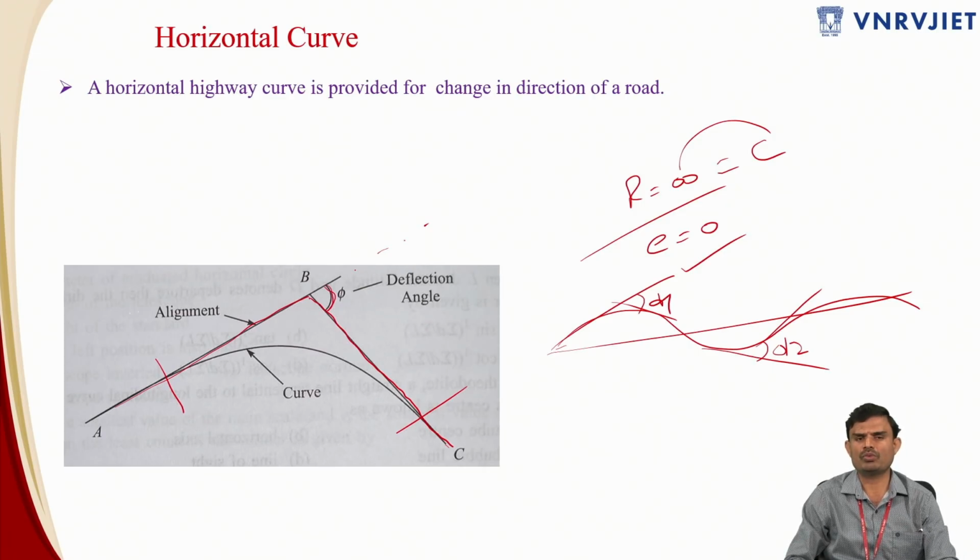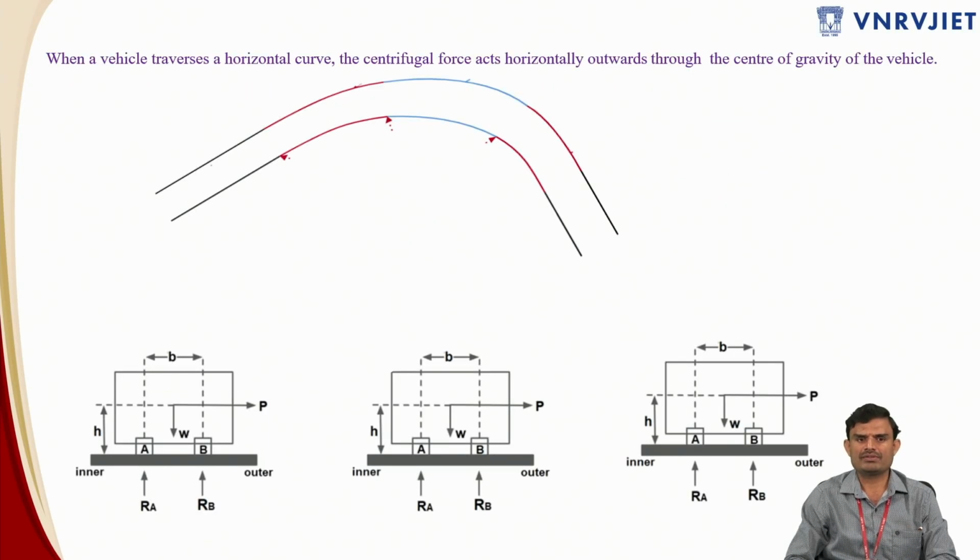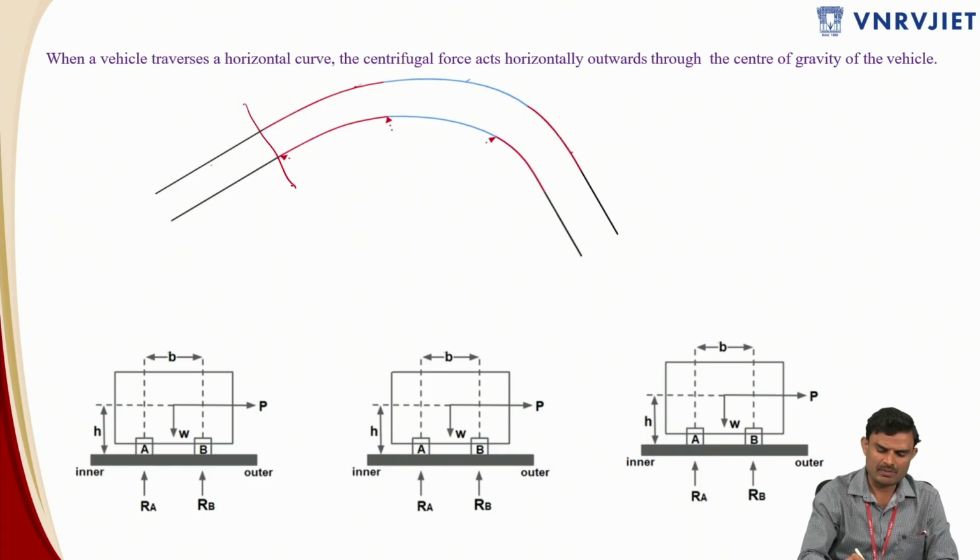When you want to change your direction of travel, you introduce a horizontal curve. That means the straight path, which has a radius of infinity, will be brought to a constant value c in order to introduce a curve. This is the same diagram which I explained in the previous slide. I am dividing this figure into 3 zones.